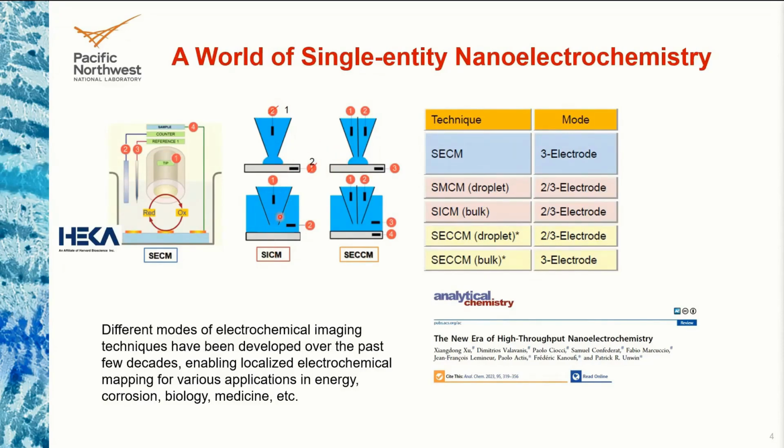The improvement over the SICM was developed by Professor Unwin's group, wherein instead of a single barrel capillary, a theta capillary is used. You take a theta capillary, pull it to a fine length, and insert two electrodes.